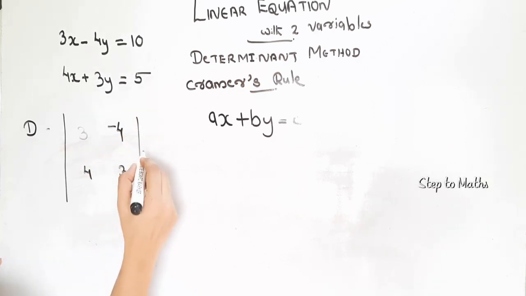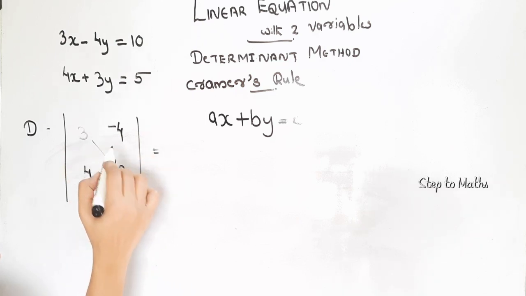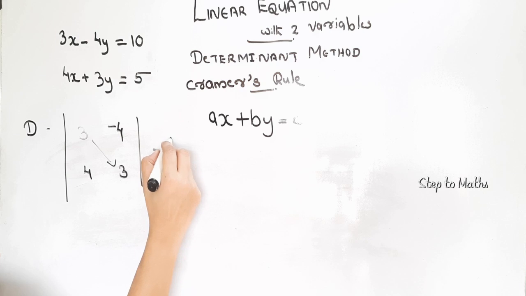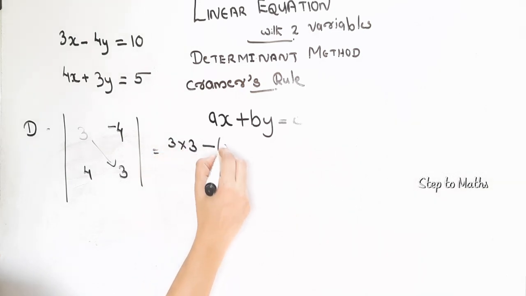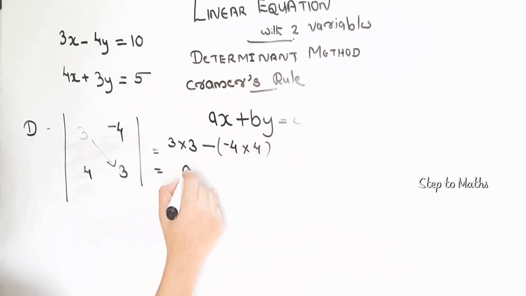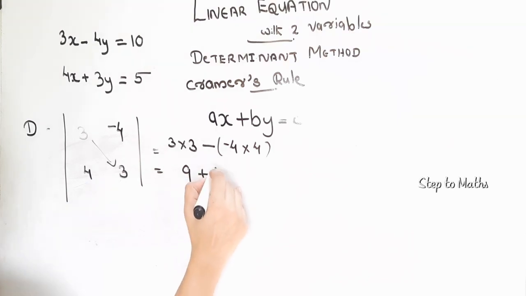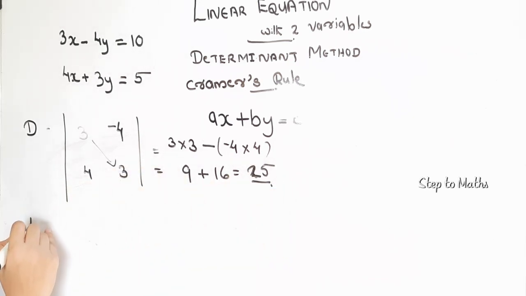This is D. How can we find its value? 3 into 3 minus minus 4 into 4. That is 9 plus 16 is equal to 25. The value of D is 25.